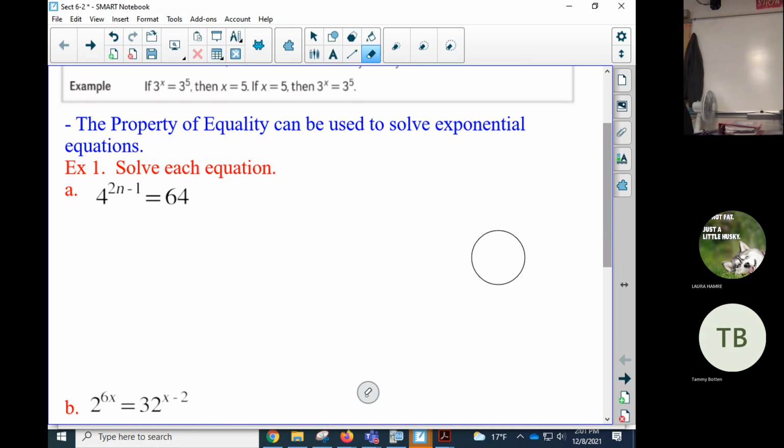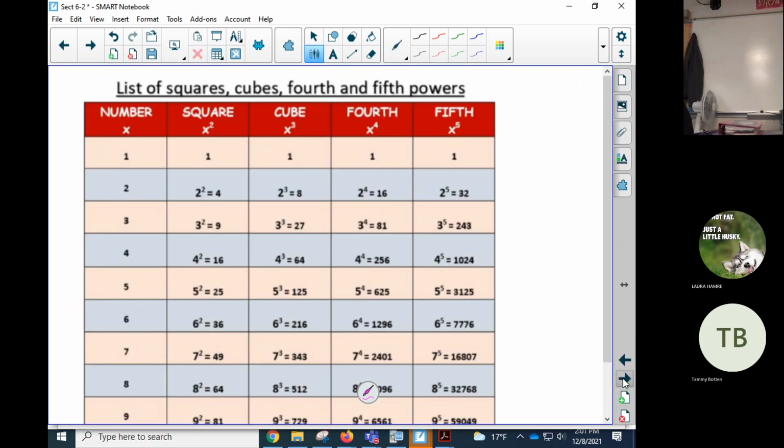So when I look at this first one here, I am trying to get both 4 and 64 to the same base. When I look at the cheat sheet, here's 4, and really all of these are to the first power, if you think of it like that. So here's 4 to the first, here's 4 to the third, okay?